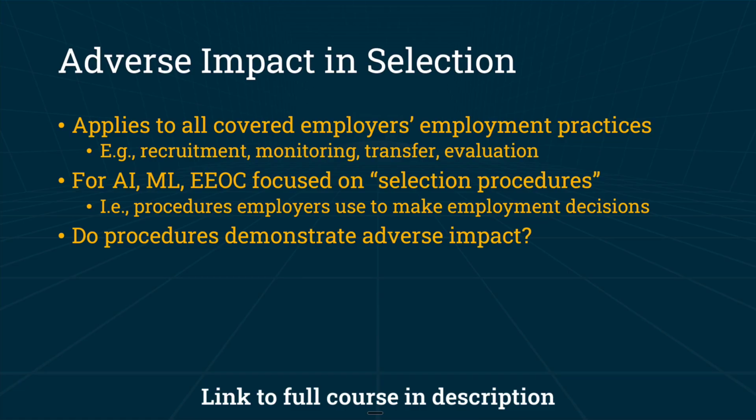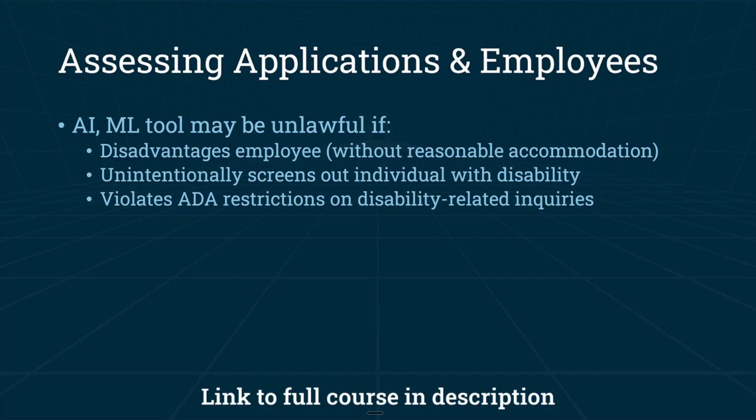A key question here, possibly for your organization and your legal team, is whether any existing or new procedures demonstrate adverse impact. When it comes to AI and machine learning tools, these may be considered unlawful if they disadvantage a certain employee without providing a reasonable accommodation, or if these tools unintentionally screen out individuals with disabilities.